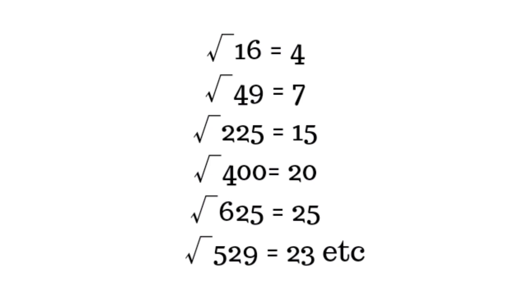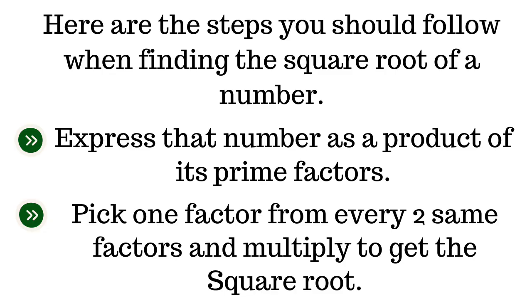So how can we find a square root of a number without using a calculator? We can find that by following the steps. Number 1, express that number as a product of its prime factors.